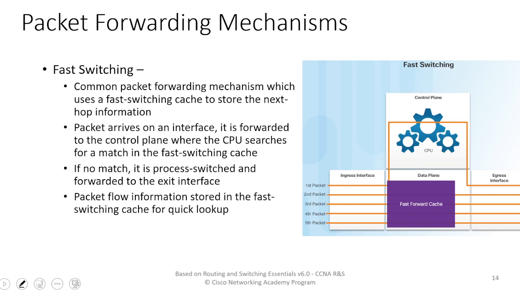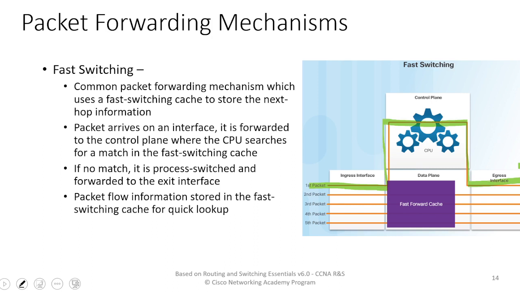So one of the alternative options we have for packet forwarding is what we identify as fast switching. It is again a similar approach. If a packet comes in, it goes to the control plane and a decision is made for that packet.